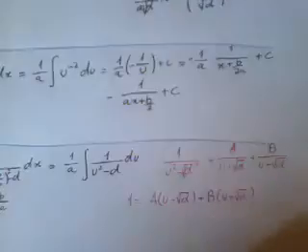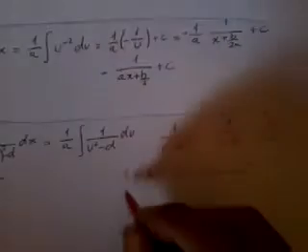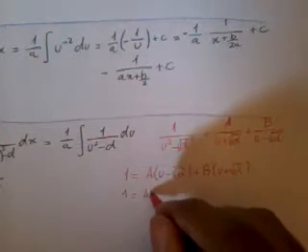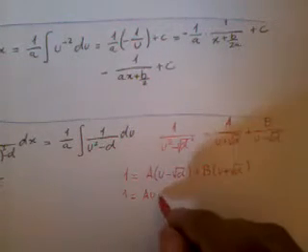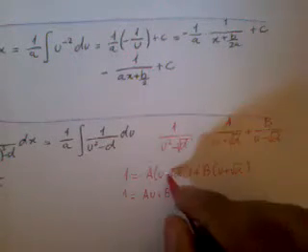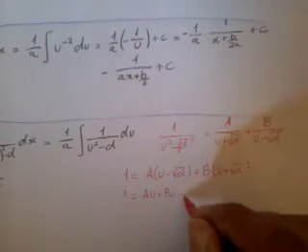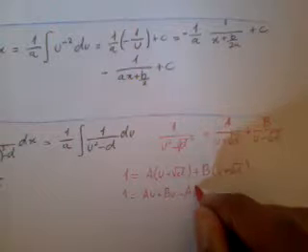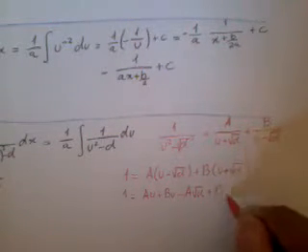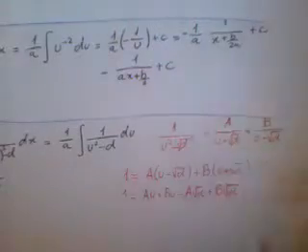Get all the terms that have the constant together. 1 is equal to a u plus b u minus a root d plus b root d.